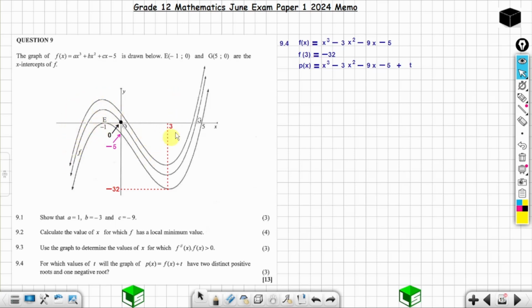Now if you shift again, you're going to have a negative root and two distinct positive roots. So you don't have to go below this graph.